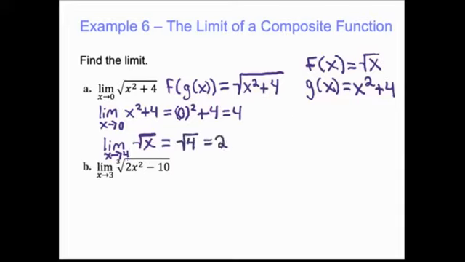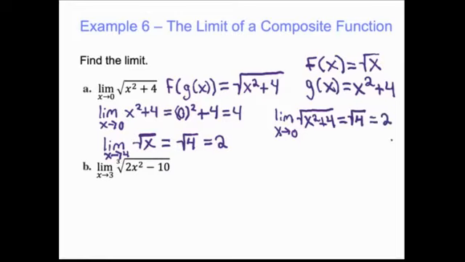So now we can apply theorem 1.5, and we can say that because the limit as x approaches 0 of x squared plus 4 equals 4, and the limit as x approaches 4 of the square root of x equals 2, then the limit as x approaches 0 of the square root of x squared plus 4 is equal to the square root of 4, which equals 2.